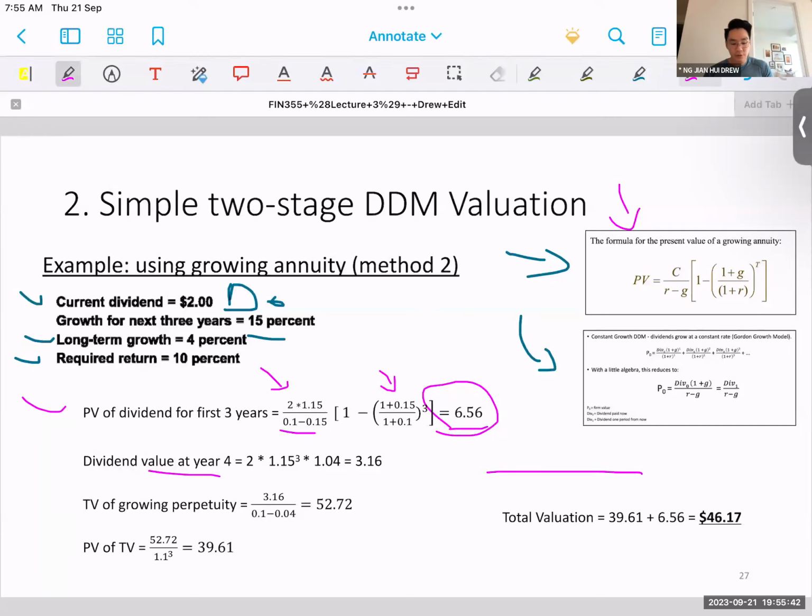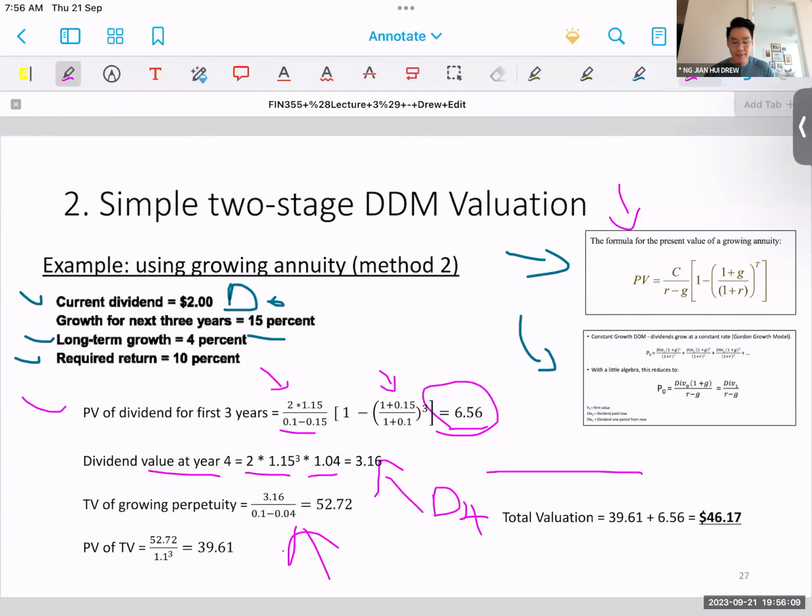We know that we grow at 15% for 3 years and 4% in year 4, right? This is to calculate D4, to use this D4 for the growing perpetuity formula for the stable growth stage.